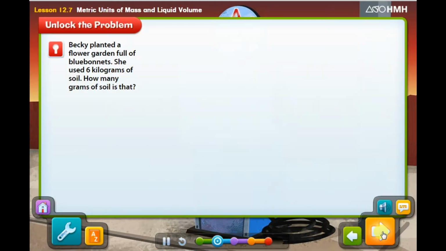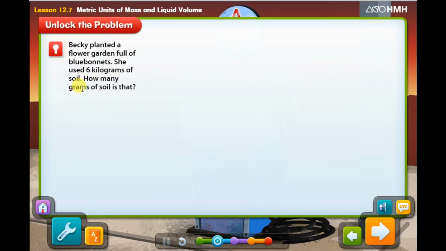Let's try a problem with units of mass. Becky planted a flower garden full of bluebonnets. She used 6 kilograms of soil. How many grams of soil is that? Let's unlock the problem. What are the givens here? She used 6 kilograms of soil. So the weight of soil is 6 kilograms. What does she want to find?